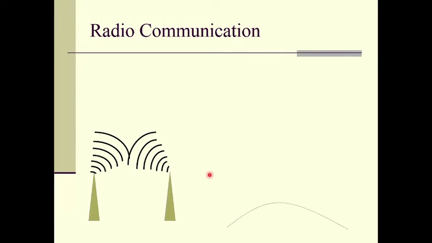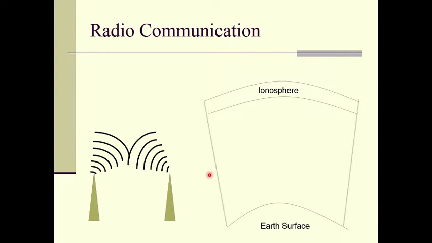In the atmosphere, on the earth's surface we have various network towers, and the communication between different towers can be done through a layer of the atmosphere, that is the ionosphere. We know that in our atmosphere there is one layer called the ionosphere. That ionosphere contains the ions of various atoms or molecules.